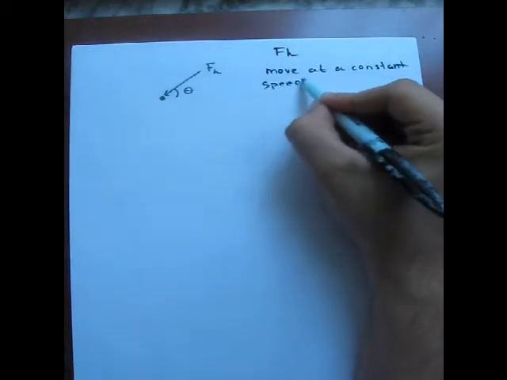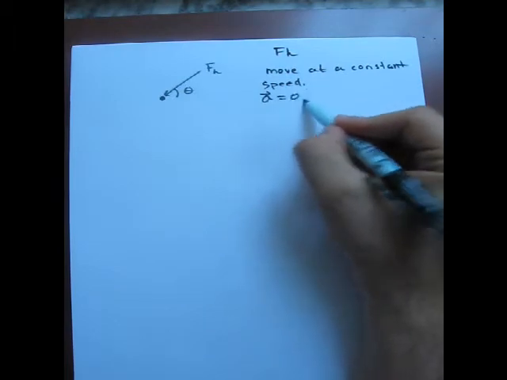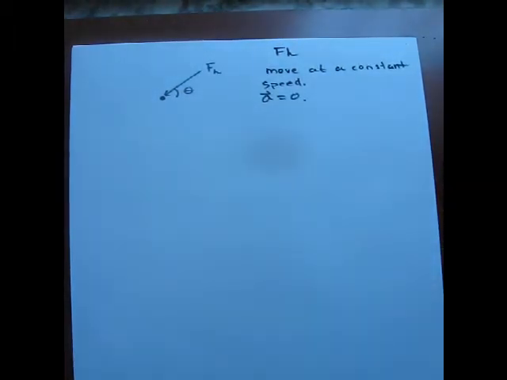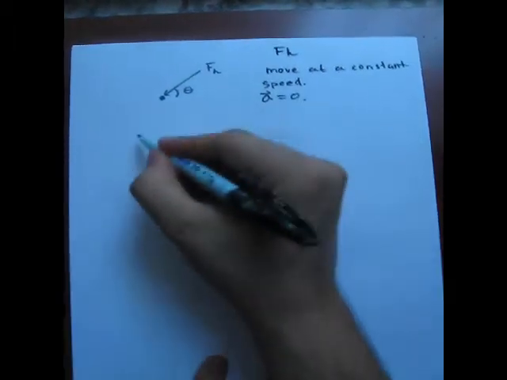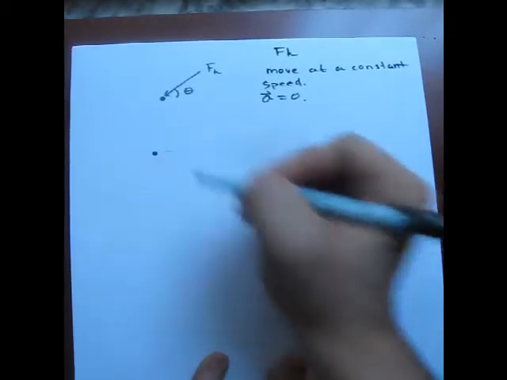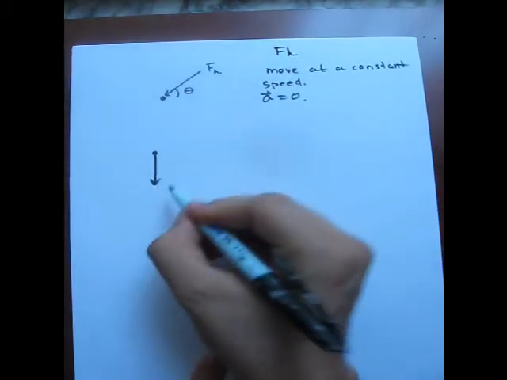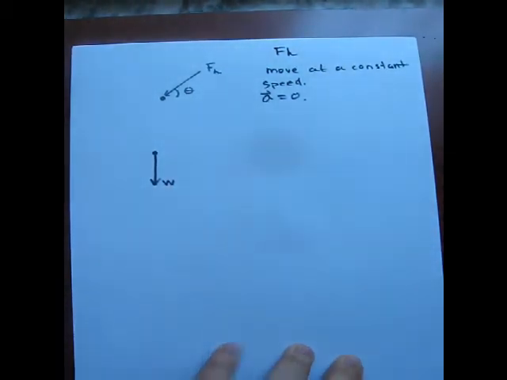Now, as soon as we hear constant speed, acceleration equals 0 should be the first thing we think of. So let's draw our force diagram, or our free body diagram. We have a lawnmower there. The first thing I draw is weight, which is mg.